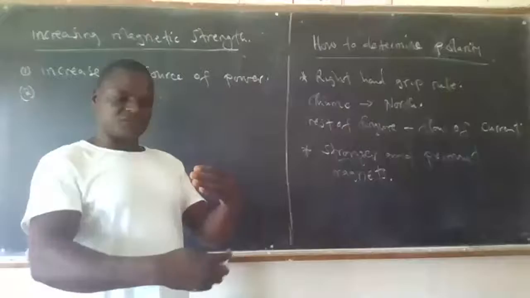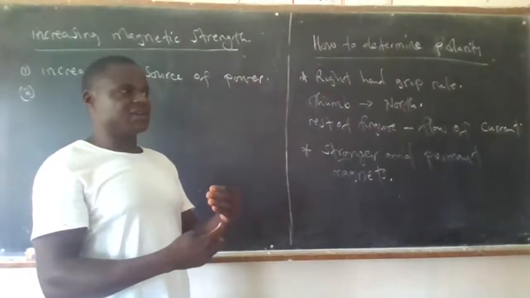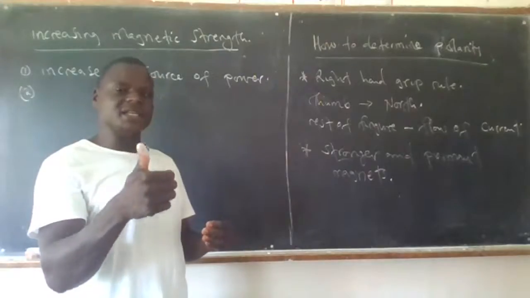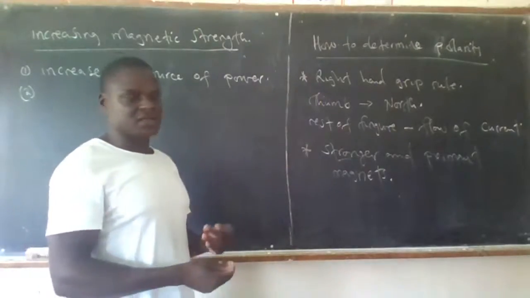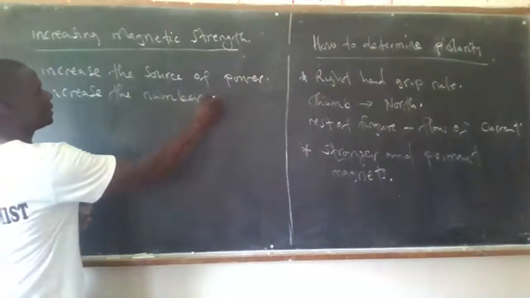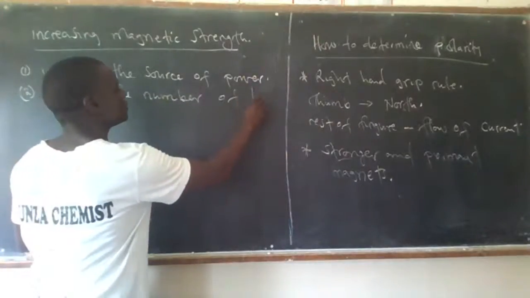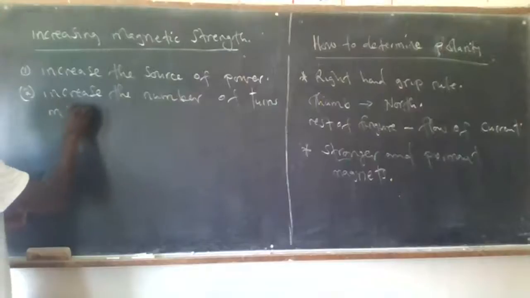Two, the number of turns in the solenoid. Once you increase the number of turns in the solenoid, you are also increasing the strength of the magnet that will be produced at the end of the day.